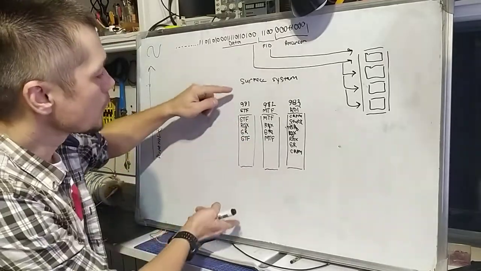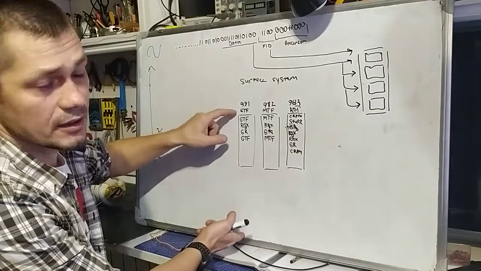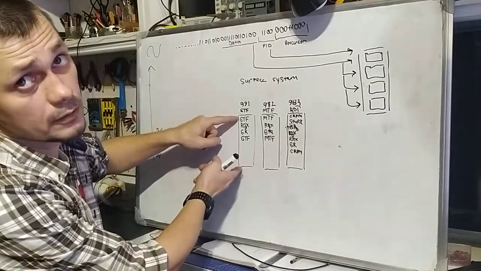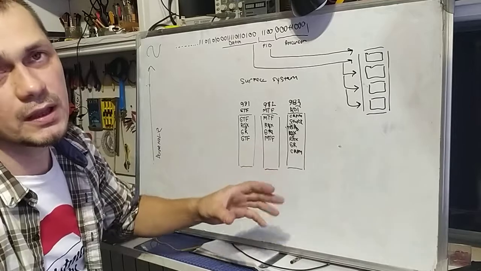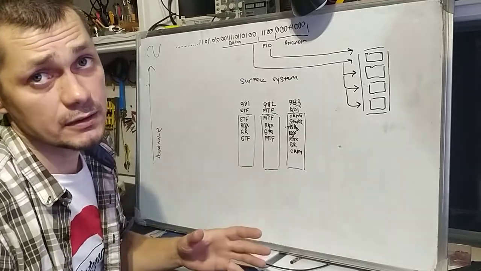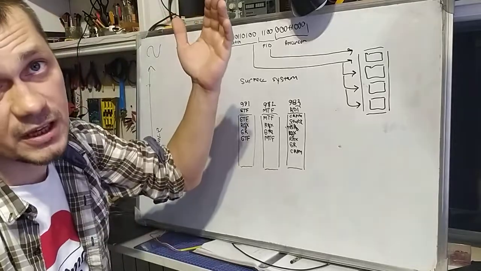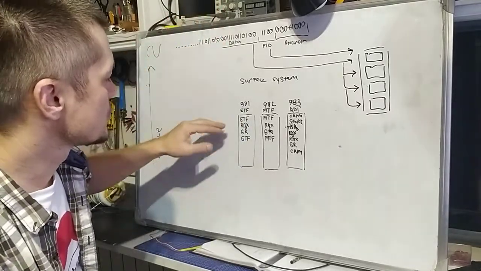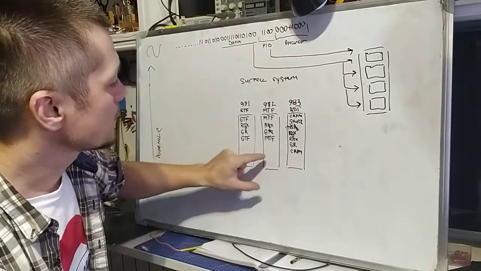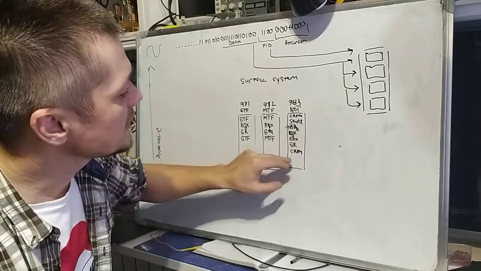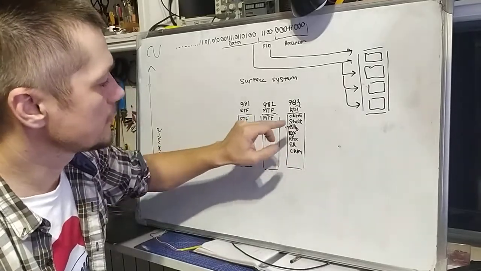It can be a long frame with a lot of data inside, but it can be a short frame as well. It depends on ROP and the bit rate of the tool's signal, how fast your tool can send information up to the surface, right? So, for example, we have three types of frames: GTF, MTF, and rotary.